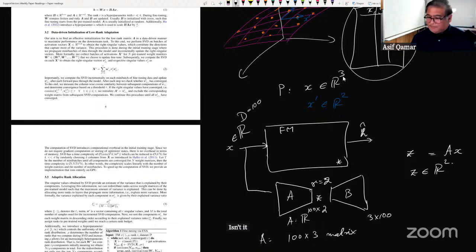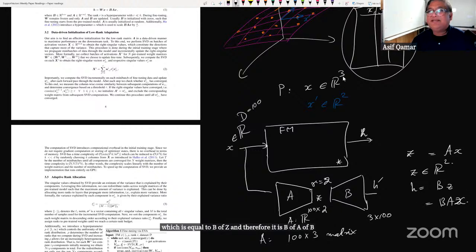And then this thing that comes out, let me call it H prime. H came out of this and H prime comes out of this. Then H prime is equal to B of Z, and therefore it is B of A of X, right?